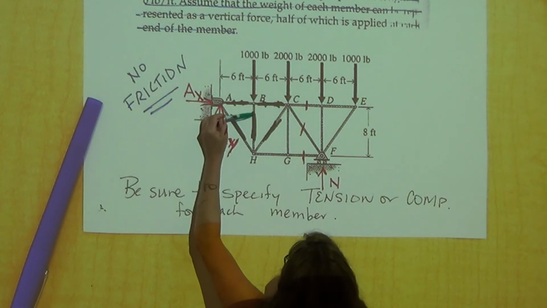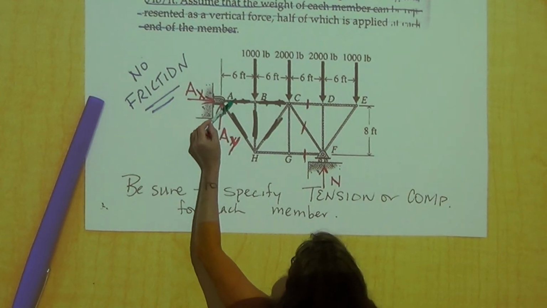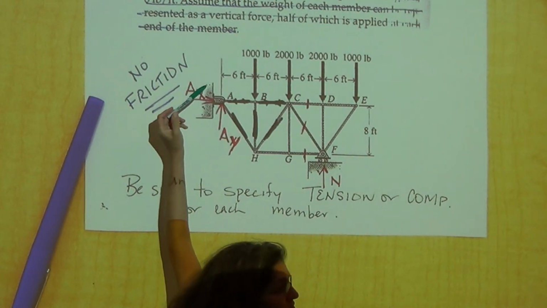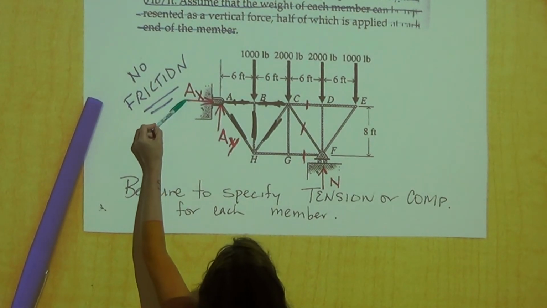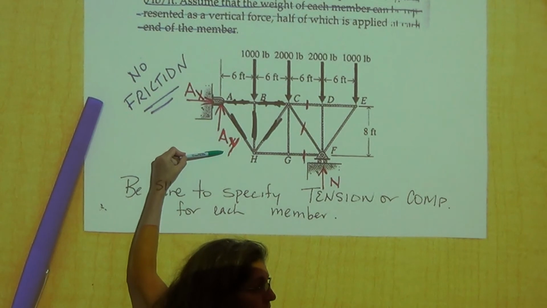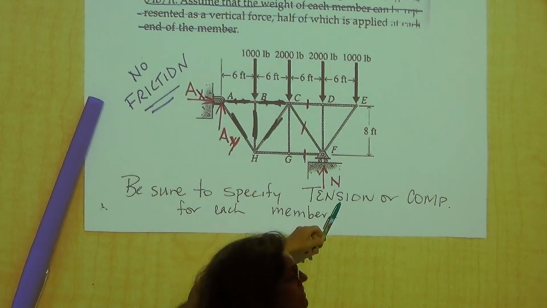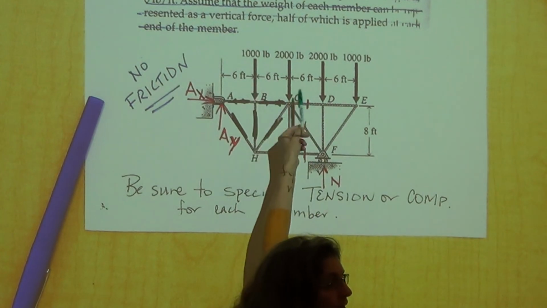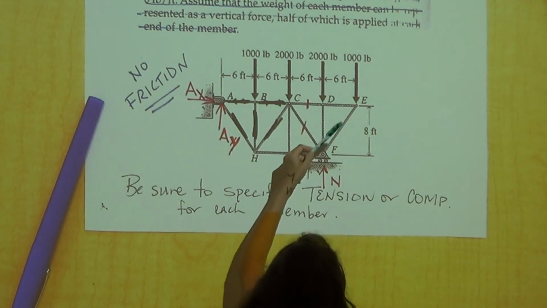So these are all internal forces. If I took this whole structure off, what would be an external force? Kyle? The AX and AY, right? And the normal, and then these 4 right here, right?